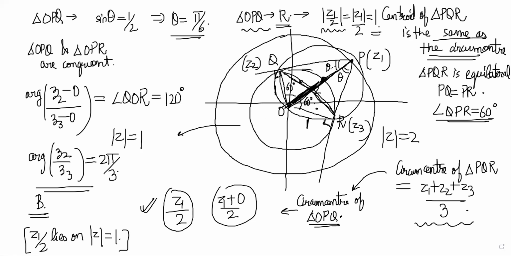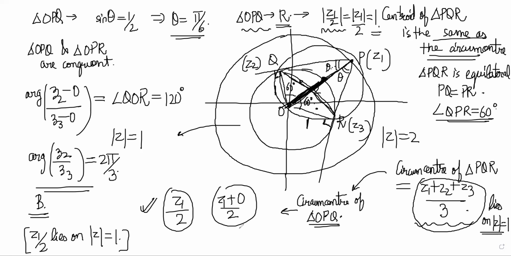Midpoint of the hypotenuse here is clearly 1 because the hypotenuse total length was 2, right? So Z1 by 2 lies on mod Z equal to 1, and therefore (Z1 plus Z2 plus Z3) by 3 also lies on mod Z equal to 1, because both of them are actually the same point.